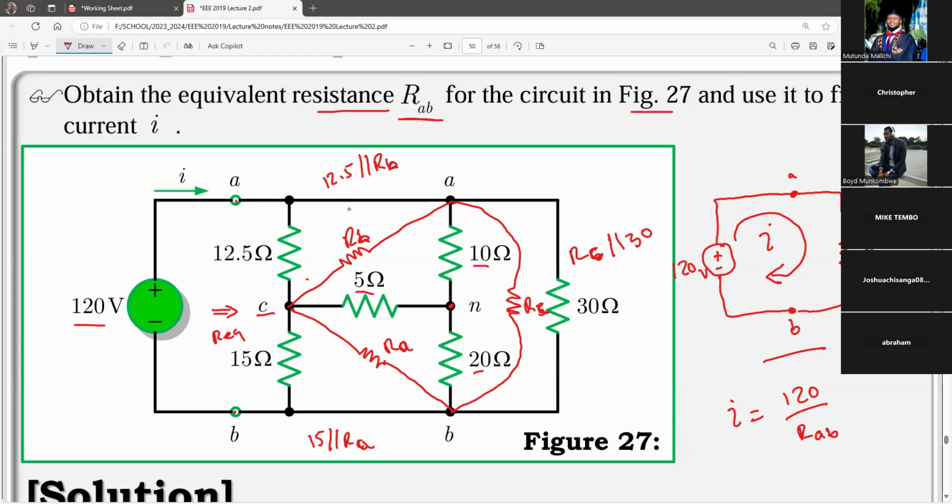Remember, you can still swap position and still be connected in delta. There's no rule that RA should always be on the right side of the delta. As long as you name them correctly and use the correct formula, what you get should be the same.